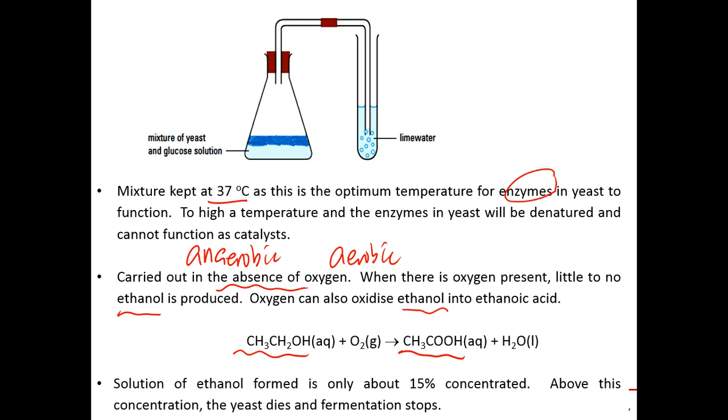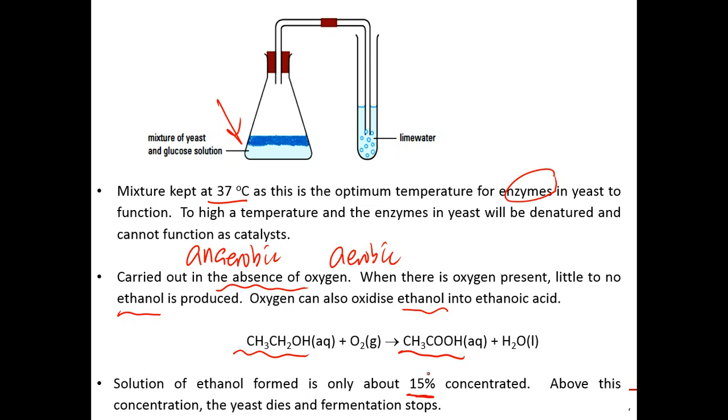And last but not least, the solution of ethanol formed is only about 15 to 18% concentrated. Why? Because as you increase the concentration of ethanol, the yeast dies. And if it dies, nothing can happen. Fermentation will stop. In the lab, for clean rooms, before they do bacterial cultures, they spray ethanol on the surfaces and then wipe the surfaces clean.